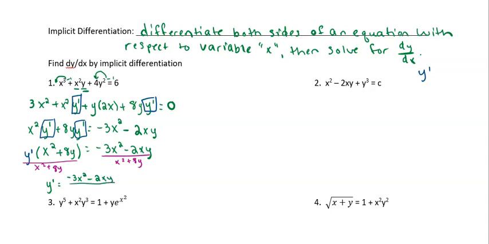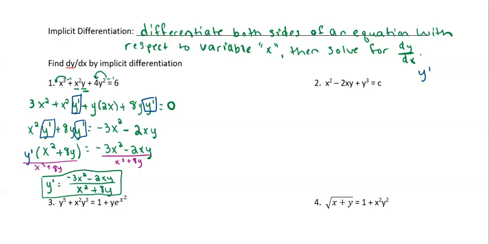That's what was there from before. And then we've divided it by our x squared plus 8y. If we were to get values for x and y, we could substitute them in and then find the exact value of the derivative. But now we found the derivative with respect to x, solving for y prime. So this would be the result using implicit differentiation.